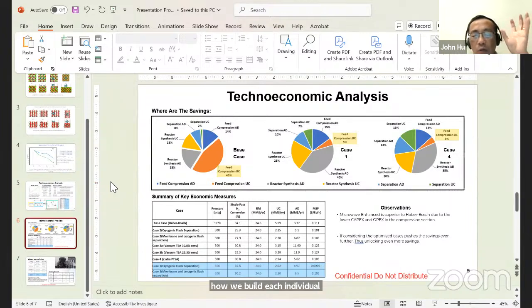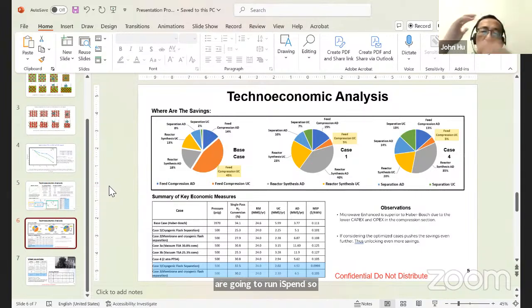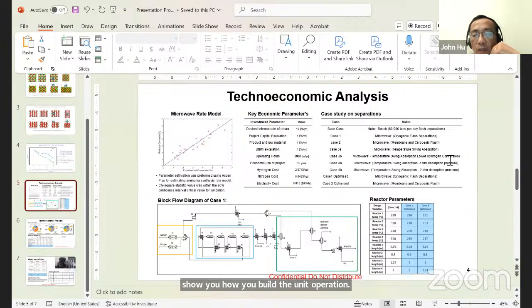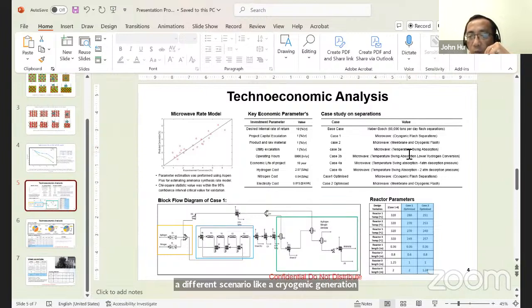I don't want to show you how to run Aspen. It's a lot of work to learn how to run Aspen, but I want to show you how you build the unit operation and why the unit operation is in there. For example, why downstream we have different scenarios like cryogenic, membrane and TSA. TSA means thermal swing absorption.